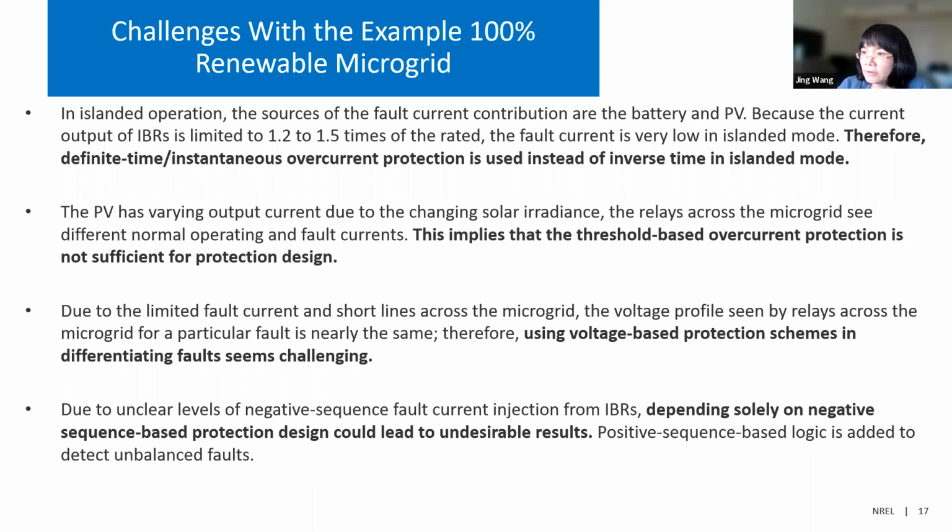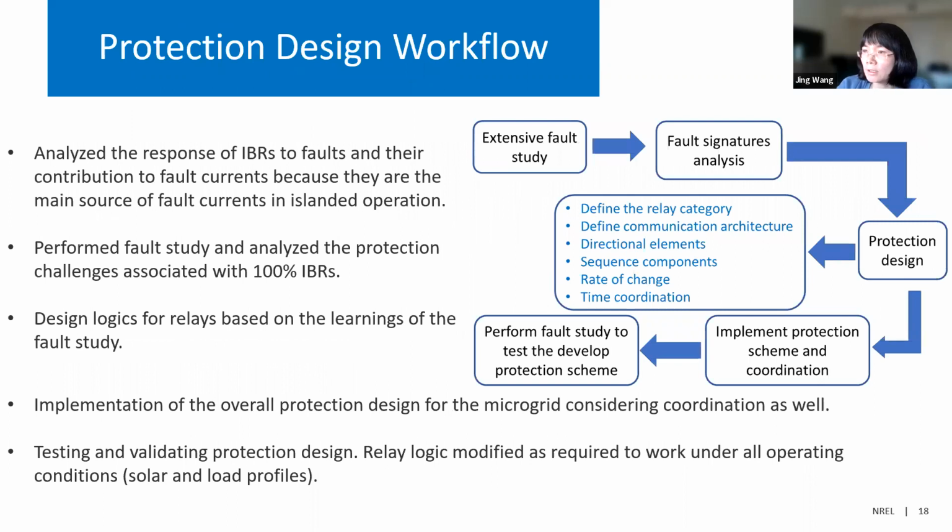The next slide shows our workflow, based on our study and findings, for how we design the protection. First of all, we do an extensive fault study, running thousands of simulation scenarios, and we extract interesting fault signatures and analyze them. Based on that analysis, we design the protection. For example, we first define the relay category, and then we define the communication architecture.